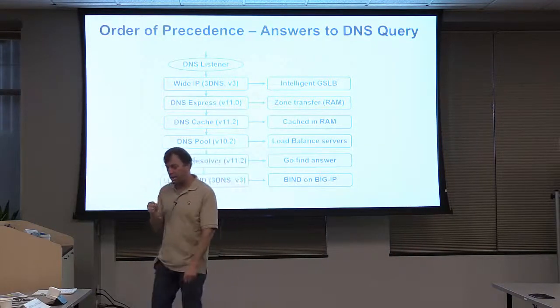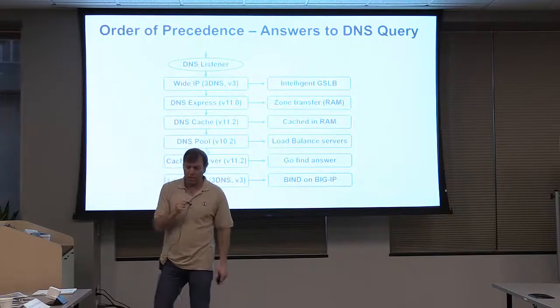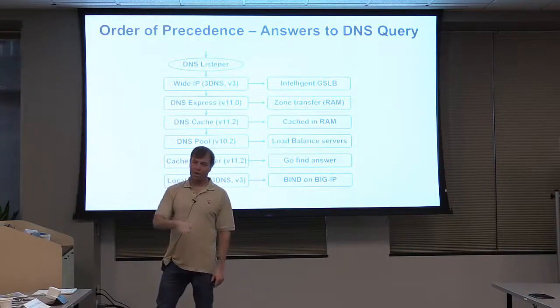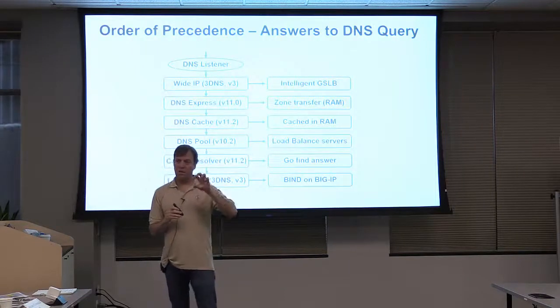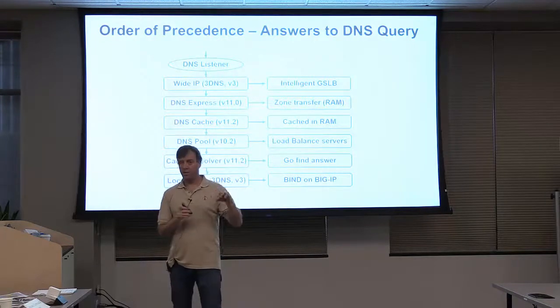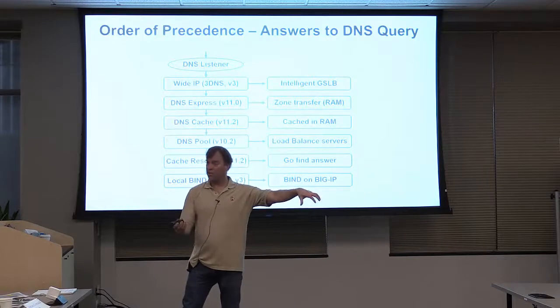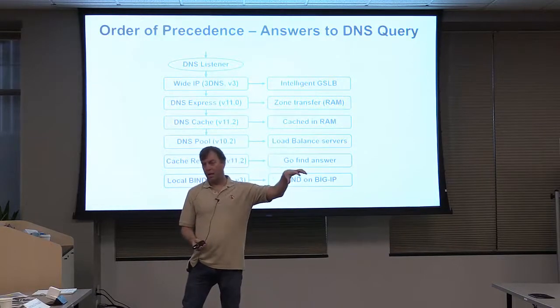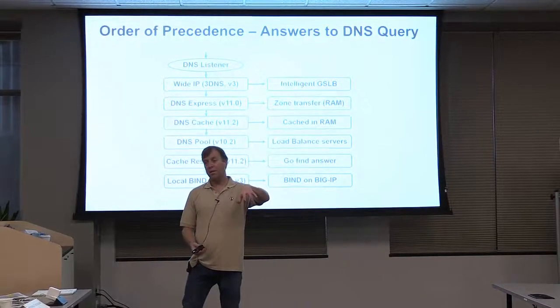The wide IP is the intelligence behind sending things to different data centers. So it's the piece, for instance, www.f5.com. We might have potentially data centers in North America that could answer that request, a virtual server in APAC that might answer that, and data centers in EMEA that would answer that.